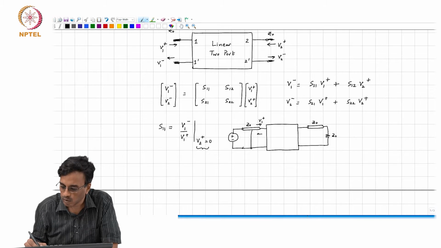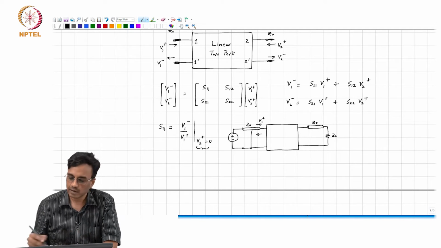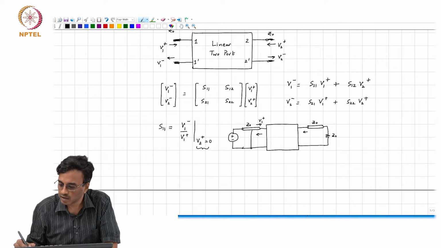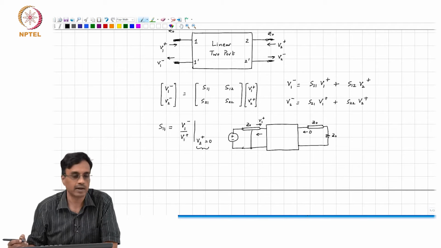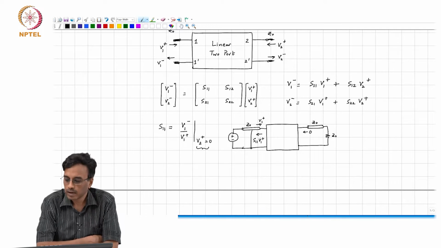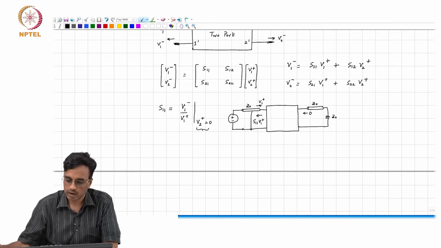What comes back? This V2 plus is 0 because you have terminated the output port. So, this is S11 times V1 plus.